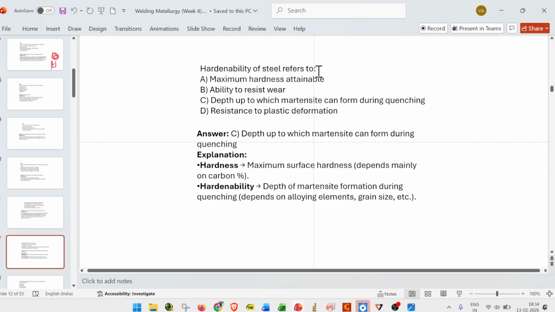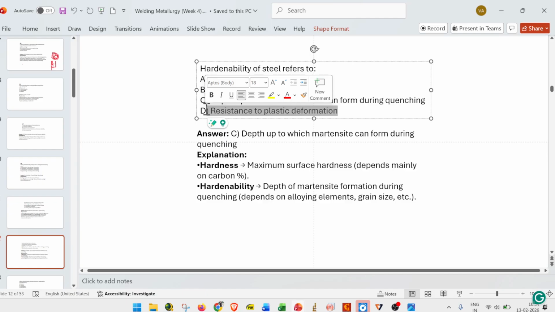Hardenability of the steel refers to, okay. Hardenability is the ability to increase the hardness of a material. The options are: maximum hardness attained, ability to resist wear, depth up to which martensite forms during the quenching operation, and resistance to plastic deformation.